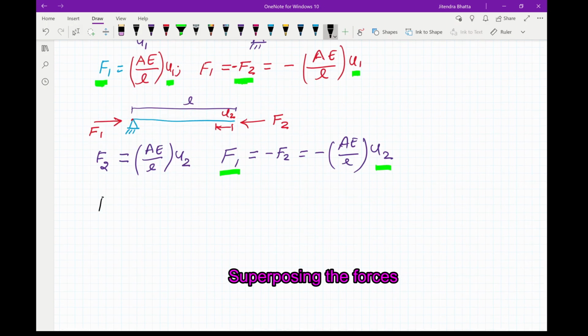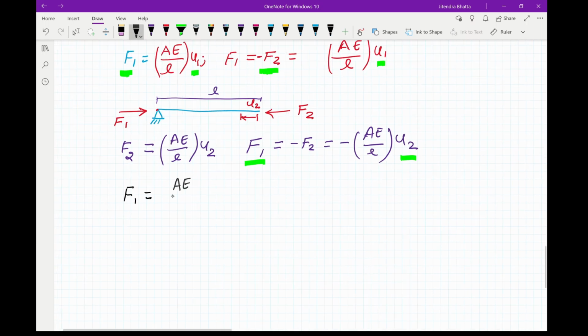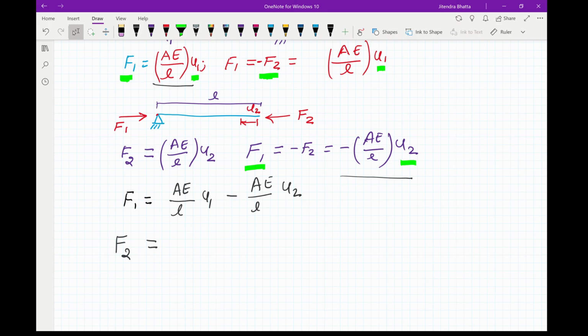These two equations will have F1 equals your AE by L U1 from here plus F1 from here, which equals this one, so it will be minus AE by L U2, and your F2 will be equal to, from here we get minus AE by L U1, and then from here AE by L U2.